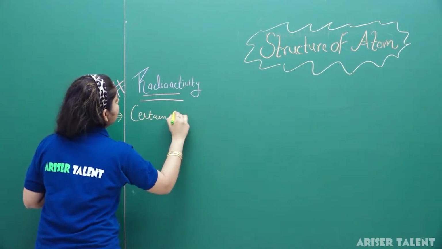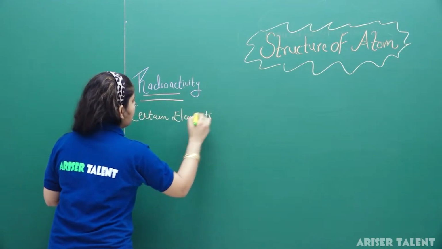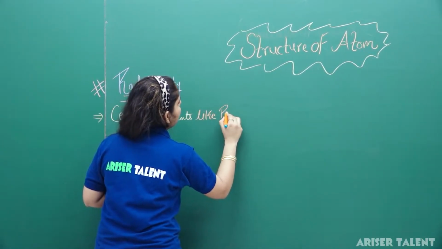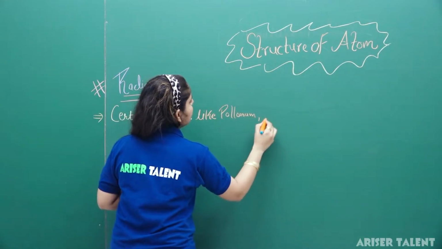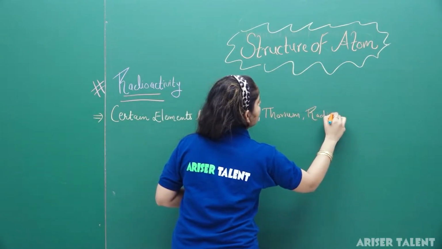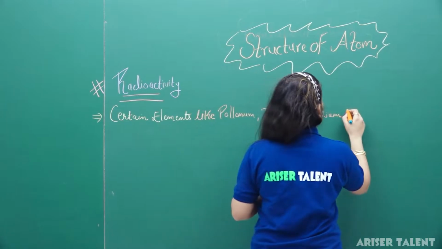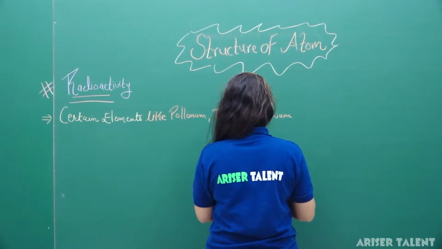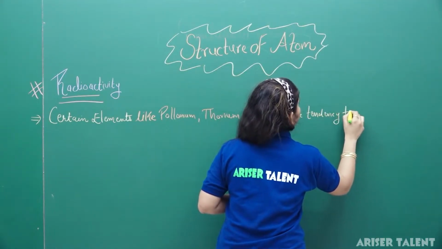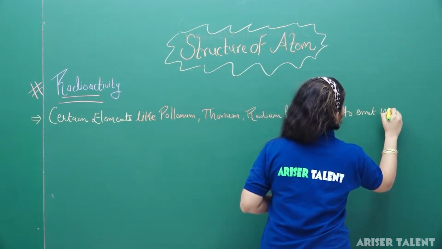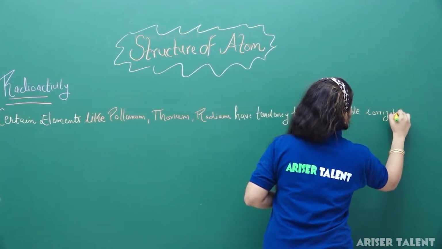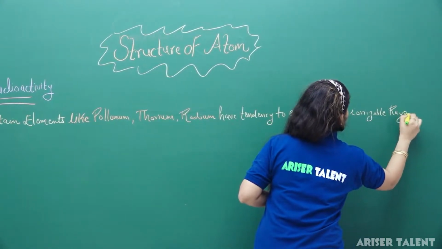So what basically is radioactivity? Certain elements like polonium, thorium, radium, these have a tendency to emit invisible ionizable rays.